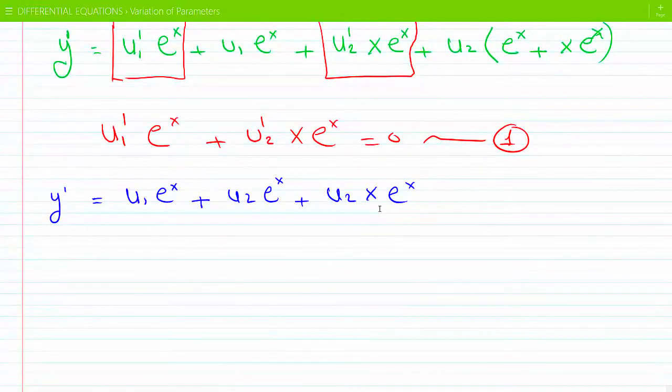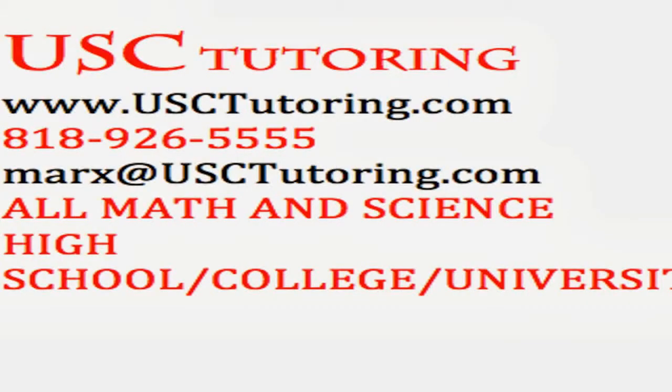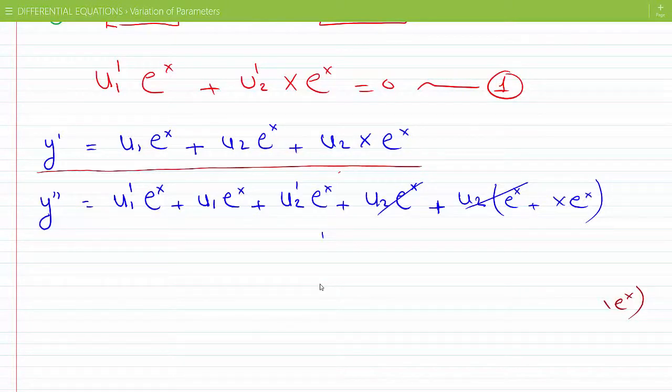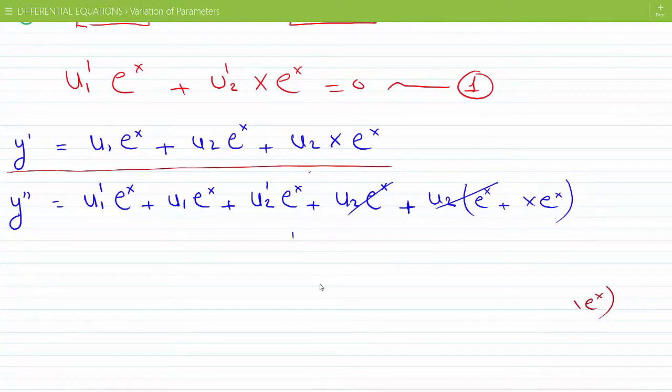Now here you find y double prime. So the derivative of this is u1 prime e to the x, u2 prime e to the x, plus u2 e to the x plus u2 times the derivative of x e to the x, plus the derivative of the first, which is u2 prime x e to the x.